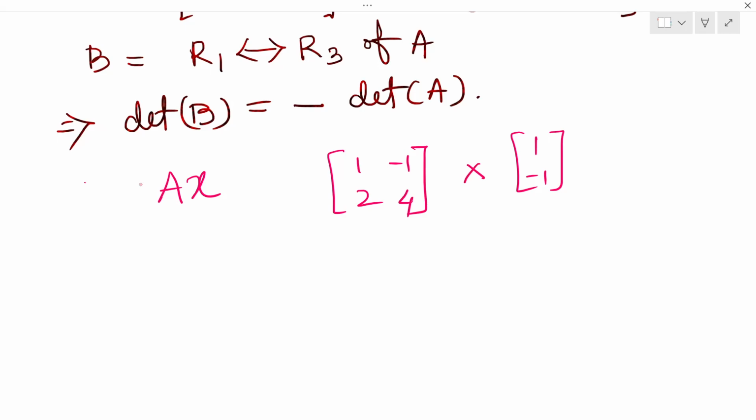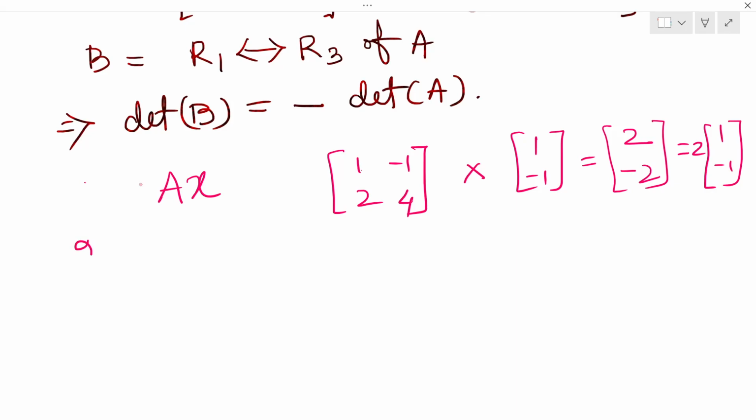So what I will do, I will multiply them. Then what will I get? Observe here. 1 into 1 and minus 1, so it is 2. And here 2 minus 1, that is minus 2. So what I got is 2 times the given vector. If any vector after multiplication gives a scalar multiple of itself, then that non-zero vector is an eigenvector.